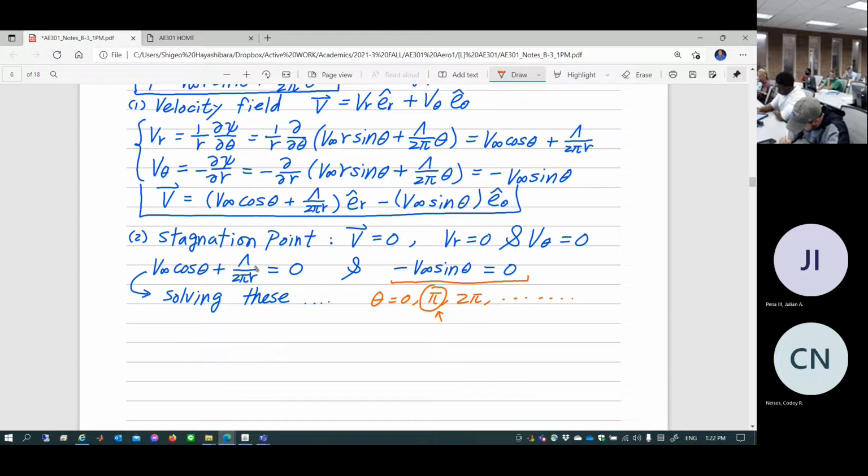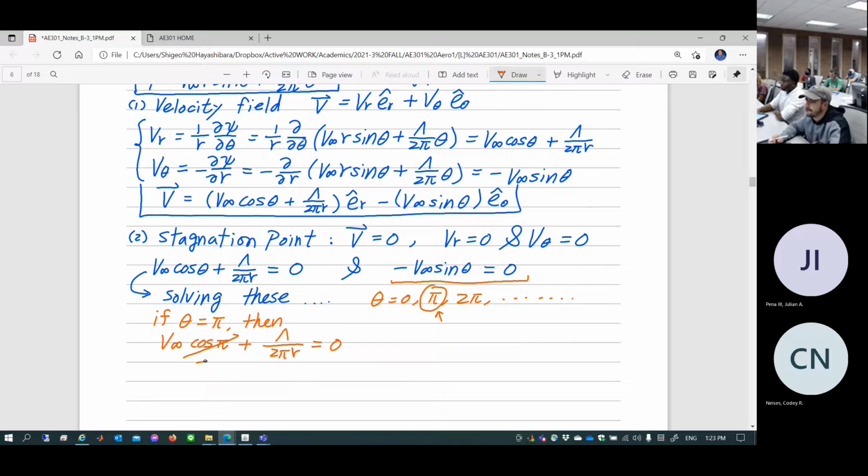Then let's just plug theta equal to pi into this equation. If theta equal to pi, then you can say V infinity cosine pi. What's cosine pi anyway? 1 or minus 1? Negative 1. Are you sure?